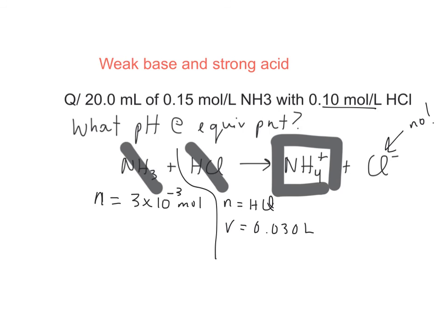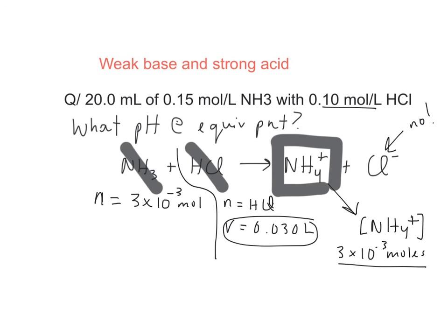Now what I'm more interested in is the concentration of ammonium that I have produced. I am going to have 3 times 10 to the power negative 3 moles of ammonium from my 1-to-1 ratio. Divide by the total volume. Again, that's the only reason why I calculated this volume in the first place.